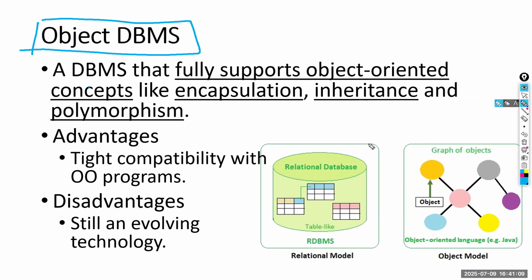In relational databases, you can save records. But here we can save objects, which is more compatible with object-oriented programming. So programming is object-oriented, database is also object-oriented, which is more compatible. So we call those object databases.